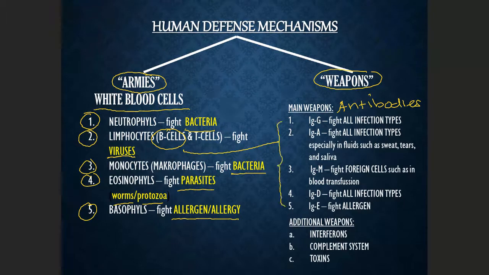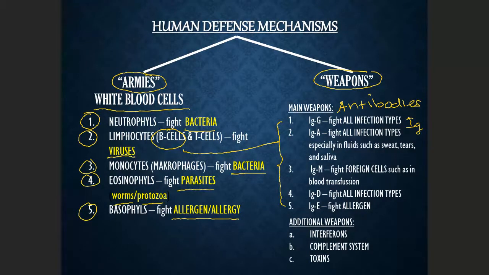Okay, there are five types of antibodies in our system. Sometimes the antibody is also known as immunoglobulin or Ig. That's another name for antibody, Ig or immunoglobulin. So there are five types of antibodies.